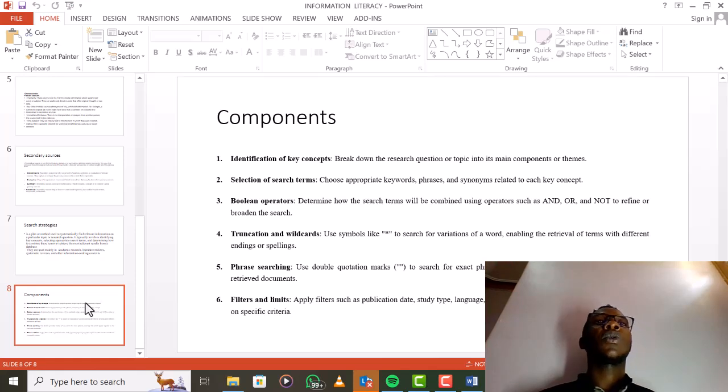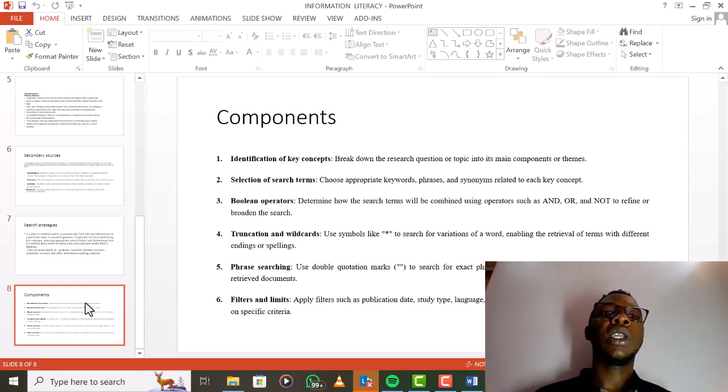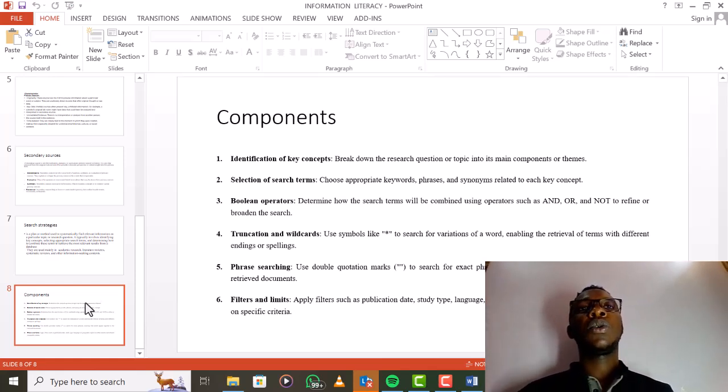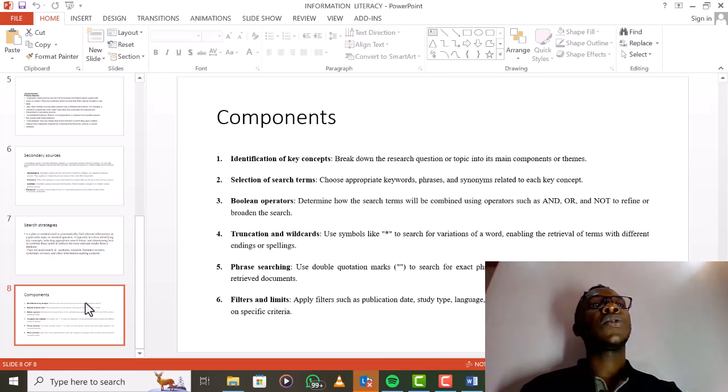For example, if you have research concerning agriculture, don't just put in agriculture. If you have ways of improving agriculture, you're not supposed to put in the whole phrase, ways of improving agriculture. You're supposed to identify the key terms in that sentence or in that question in your research.